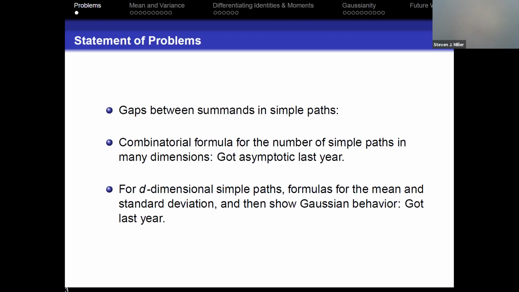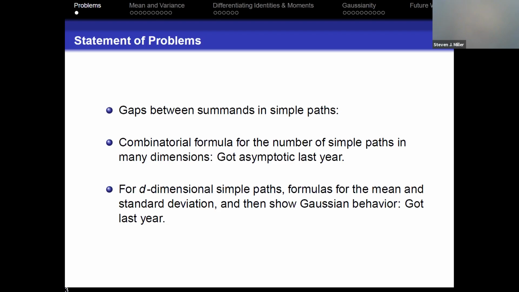And then the big result from last summer was for d-dimensional simple paths, we had formulas for the mean number of steps before you hit the origin, the number of steps in your decomposition, the number of steps in your path, and the standard deviation, and we showed that it converged to Gaussian behavior.